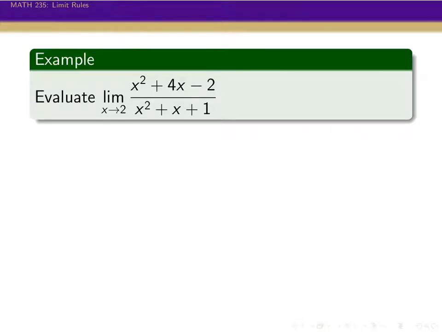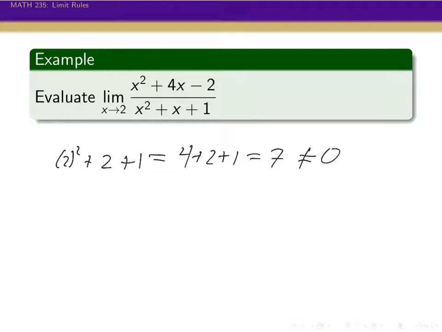Right, so let's use this to work out the limit of this rational function right here. We have x squared plus 4x minus 2 over x squared plus x plus 1, and we're taking the limit as x goes to 2. Well, let's check the denominator at 2. If I plug in 2 squared plus 2, and then add 1 more to that, that's 4 plus 2 plus 1, which is 7. 7 is definitely not equal to 0.